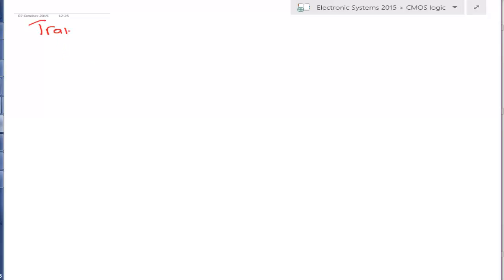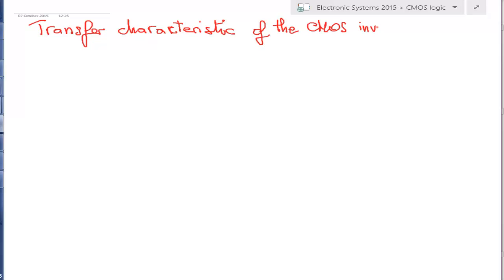Now, we can consider the transfer characteristic of the CMOS inverter. Again, I try to highlight only the things that I really need in the following.